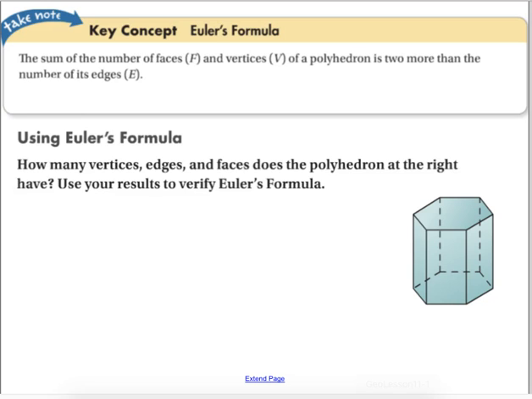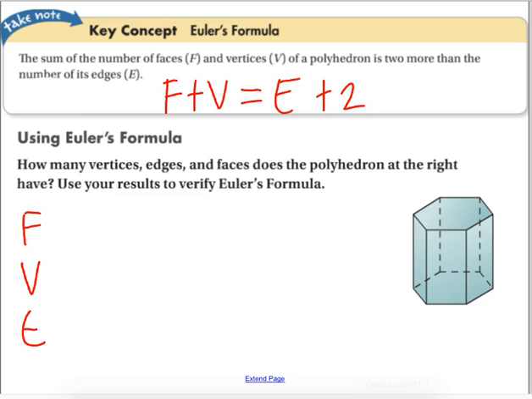So Euler's formula is: the sum of the faces plus vertices is equal to the number of edges plus 2. So faces plus vertices equals edges plus 2. The problem says how many vertices, edges, or faces does this polyhedron have, and then use Euler's formula to check your answer. So again, it's the same process we were doing before: faces, vertices, edges.